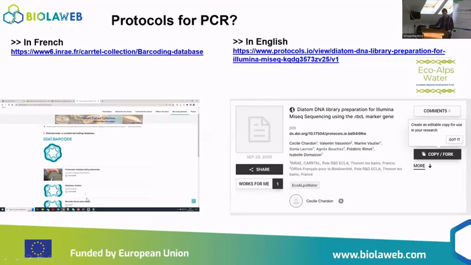If you scroll down, you will find the protocols. If you are interested in English, you can go to this website. There is a DOI. It's on the website protocols.io. Many people put their protocols there, and it's totally available. We can also send all these links after the workshop, so you can have them with you.